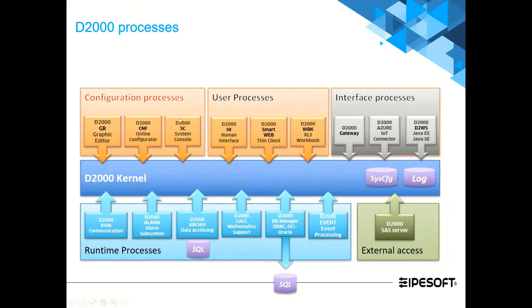Now, let's move to configuration processes you'll be using for application development. Graphic editor is useful for editing screens. We call them pictures in D2000, and other graphical objects. Configurator tool is used for editing of non-graphical objects. System console is a useful tool for management of a D2000 application or applications on a network.